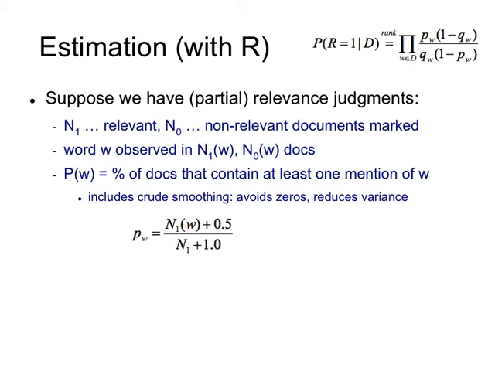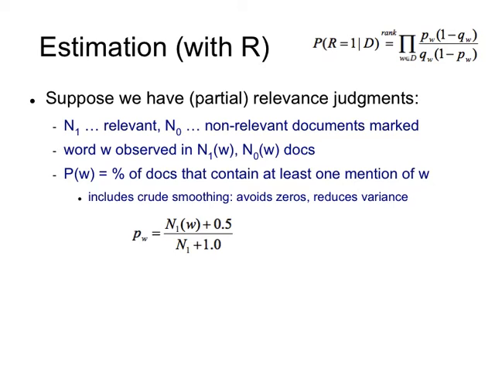What's going to happen with a product if any one of these is 0, right? The whole product is going to turn out to be 0, so you never ever want PW to be 0 for anything, and you never ever want QW to be 0 for anything. Likewise, you never ever want 1 minus PW to be 0. That's why you add 0.5 at the top and 1 at the bottom.